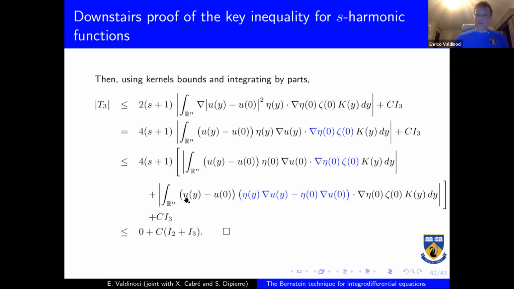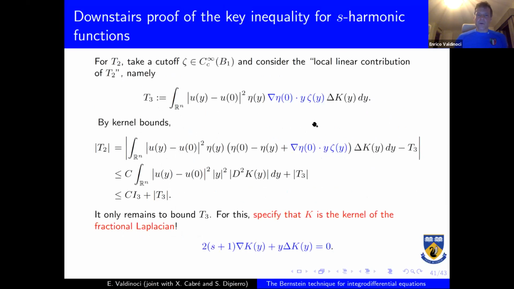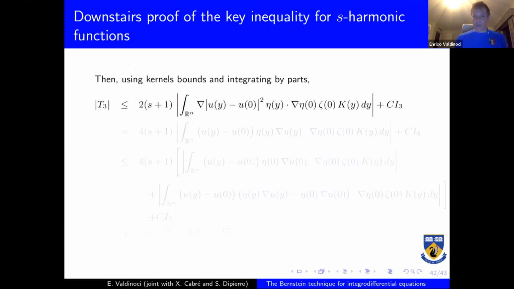And this produces nice objects, but the first one, I think, is 0, precisely because of this identity here, which is specific to the case of the fractional Laplacian.